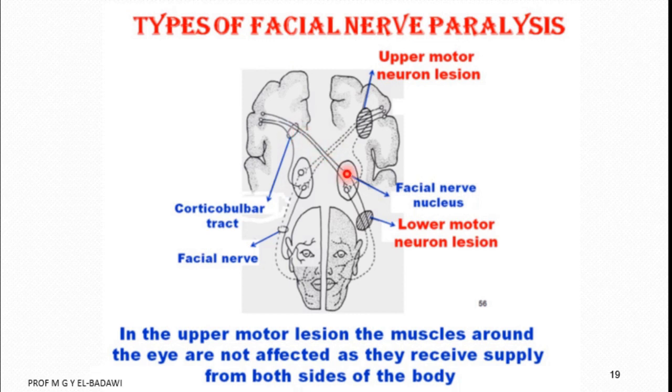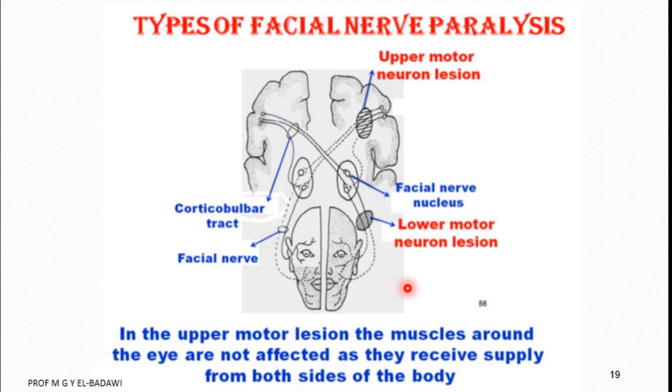So in the upper motor neuron lesion, the muscles around the eye will not be affected because one side will be supplying the affected side. But in the lower motor neuron lesion, the eye muscles will be affected.